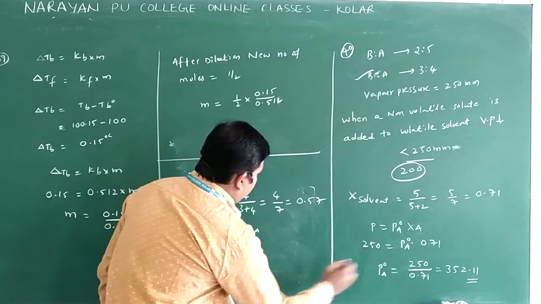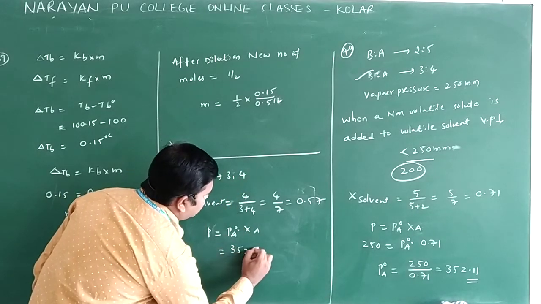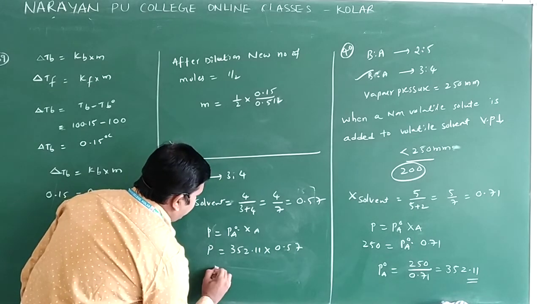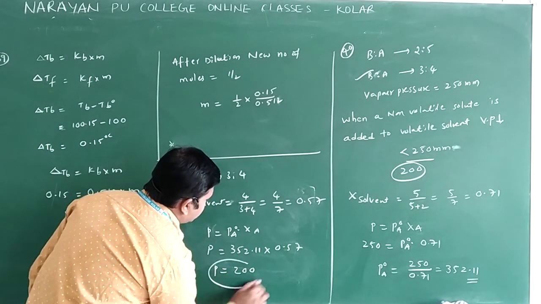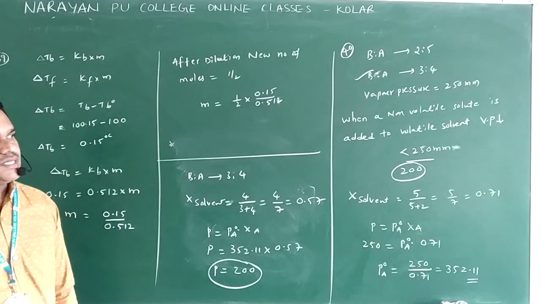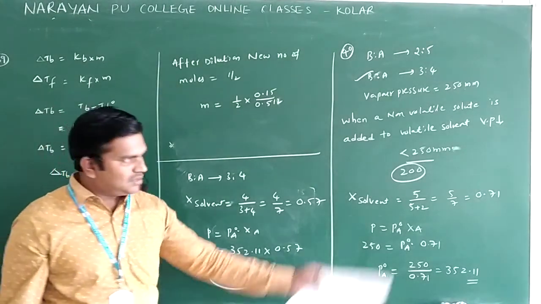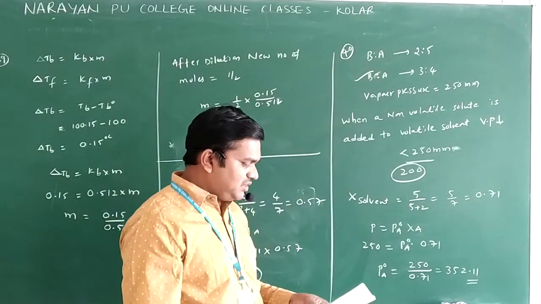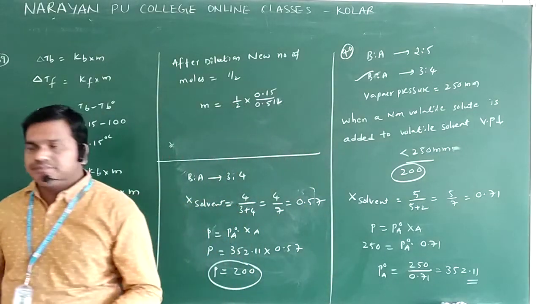PA naught is 352.11 into 0.57. Multiply this and you will get 200. So this is a calculation method, and the earlier one is the concept method. You can follow the first method only. What is the answer for this question? Option 1.